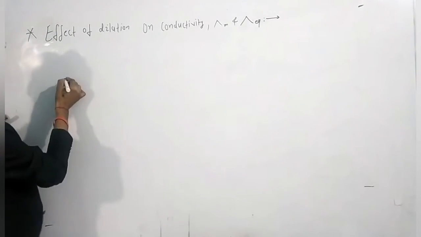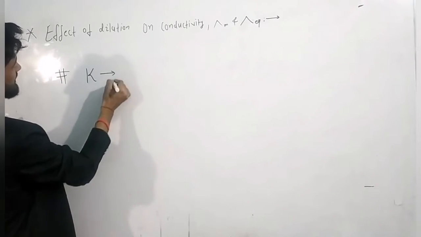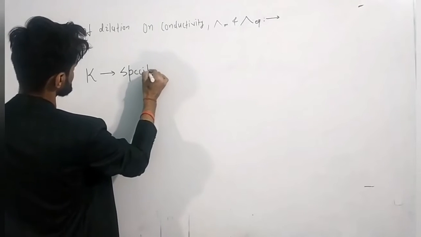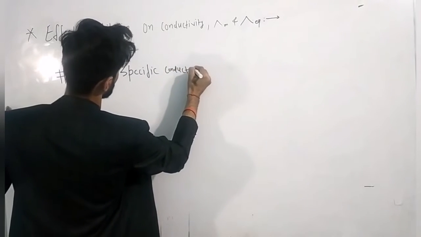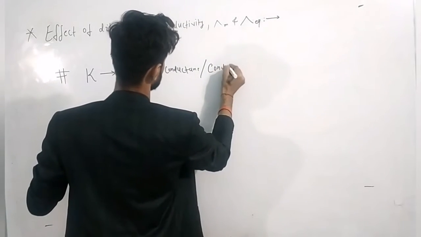I have denoted kappa. This is called K, and this is called the specific conductance, or conductivity.